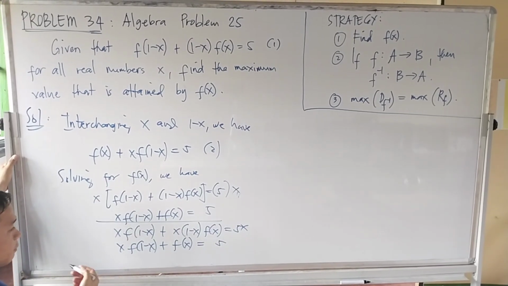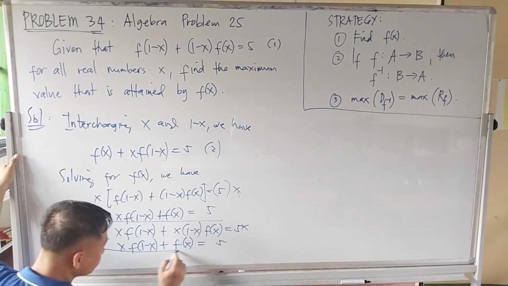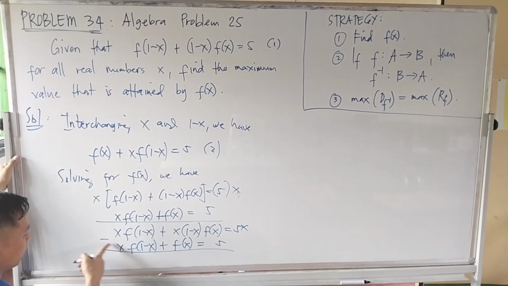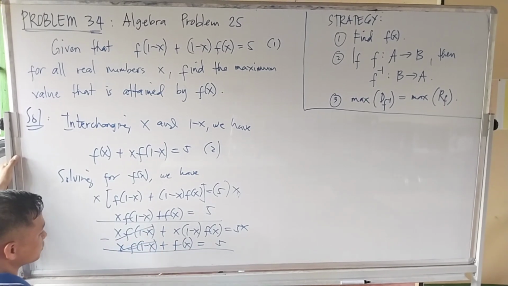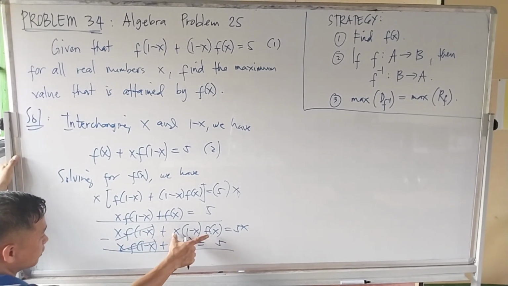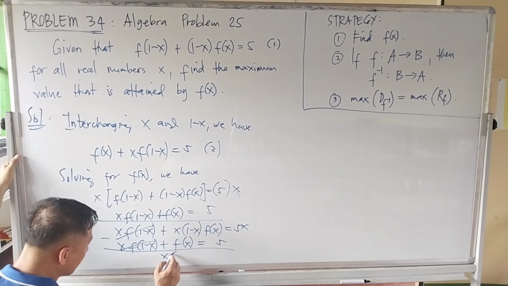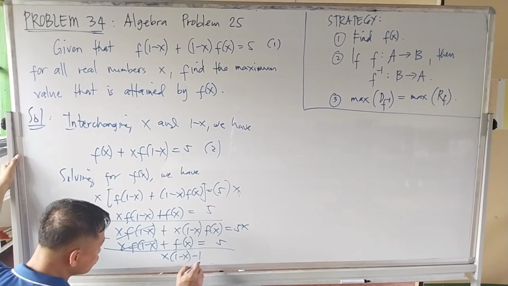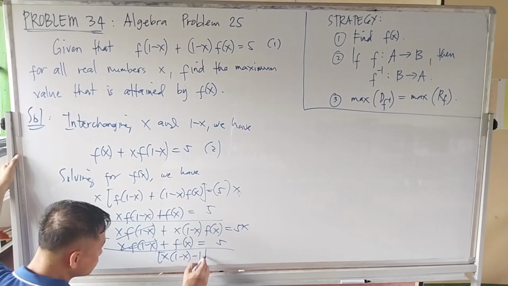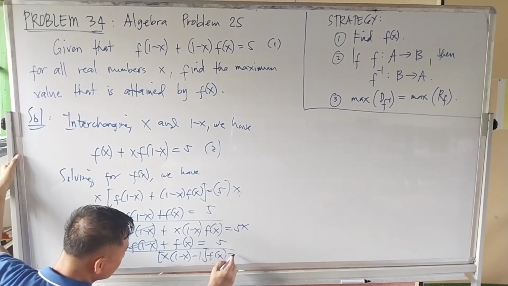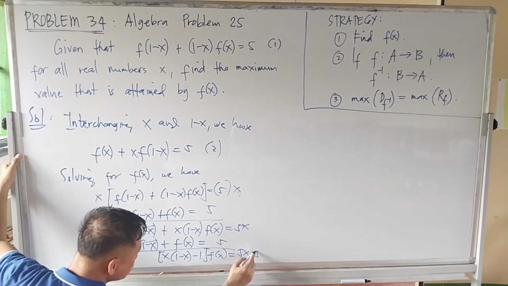Then by elimination, by subtraction, the first terms cancel out because the difference is 0. Then we have x times (1 minus x) minus 1, times f of x, is equal to 5x minus 5.